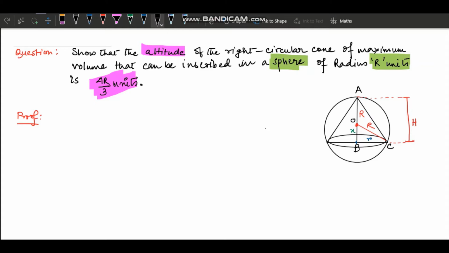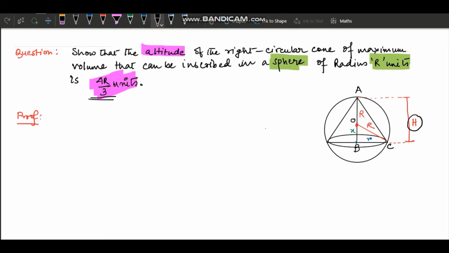So you have to show that the volume of this cone is maximum only when its altitude, which is denoted by h, is given by this value, that is 4R by 3.